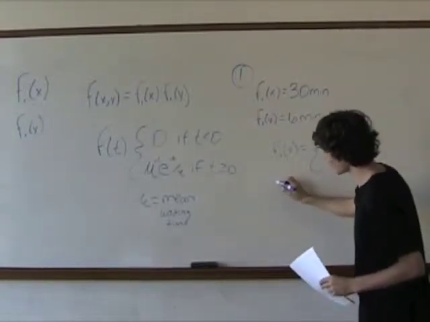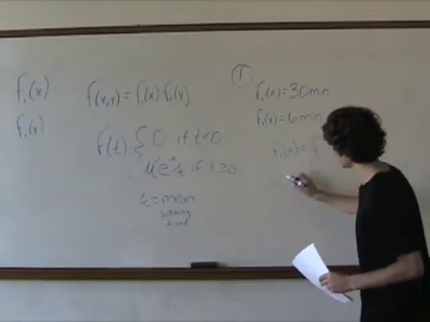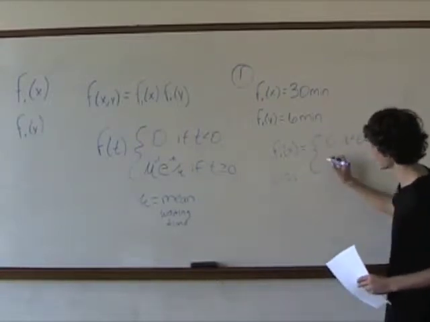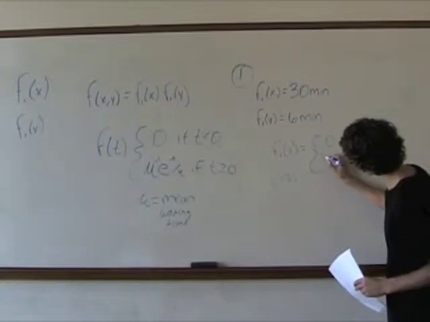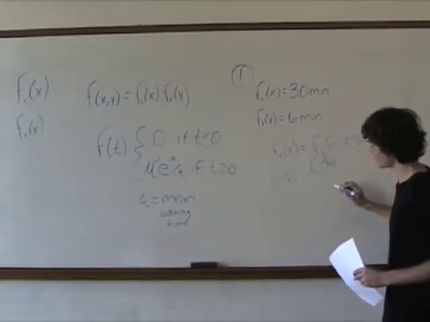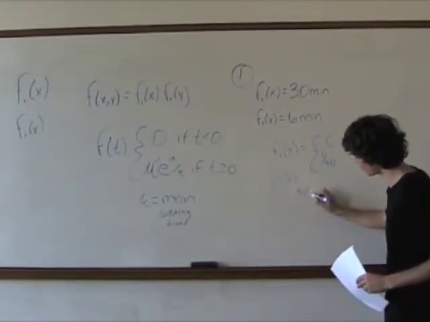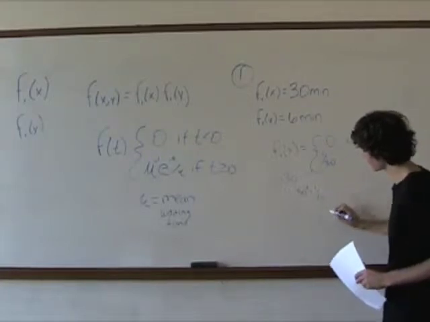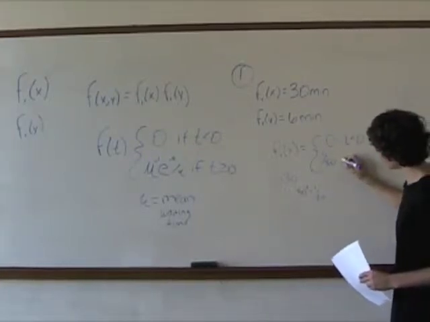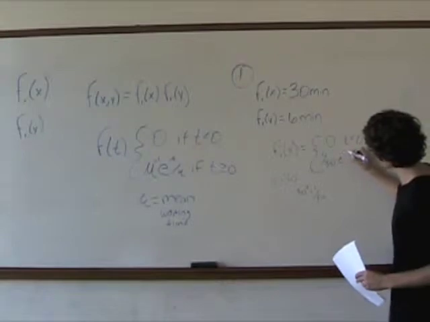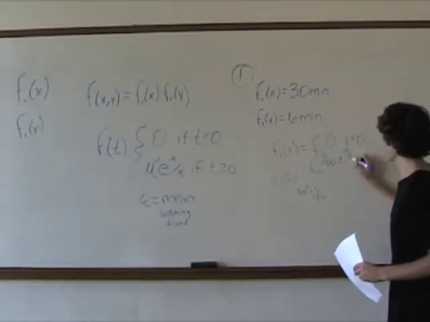In this case, our mean waiting time is going to equal 30 minutes, and therefore, we will have 1 over 30, because 30 to the negative 1 equals 1 over 30, times the exponential function of negative x over 30.